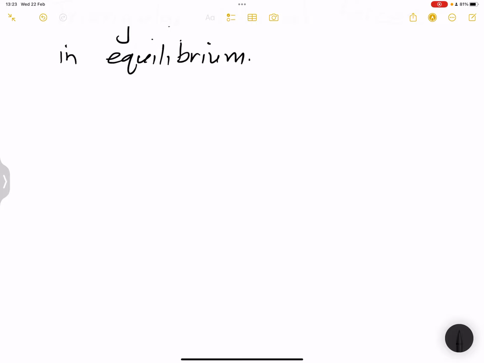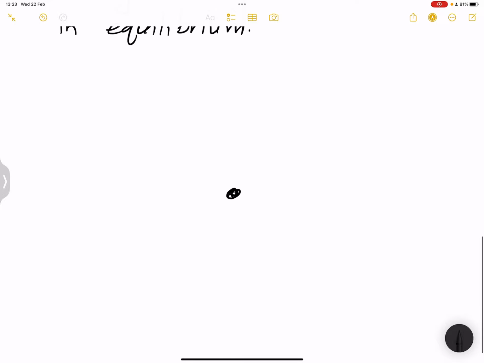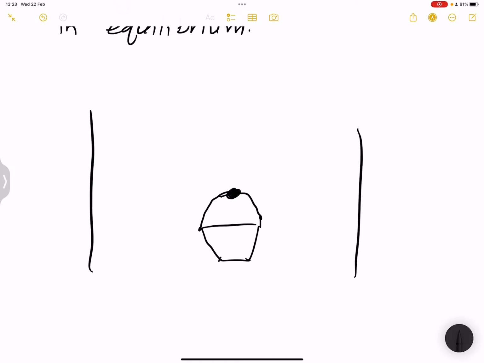All right, let's make an example. Suppose we've got a pot plant, and I really suck at drawing. Here we are, we've got a pot plant. Let's just say we've got different sides to a wall.